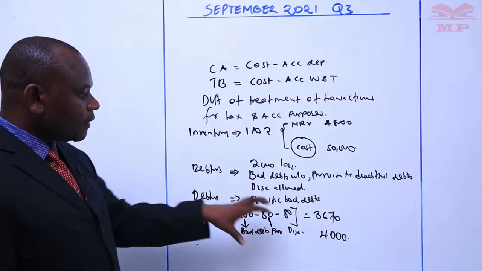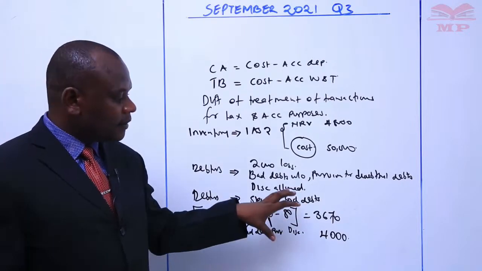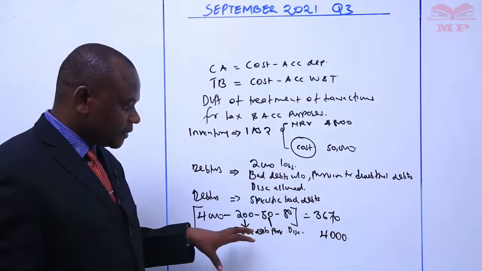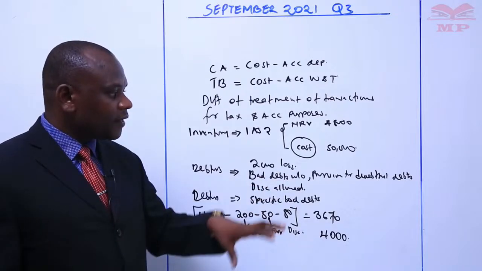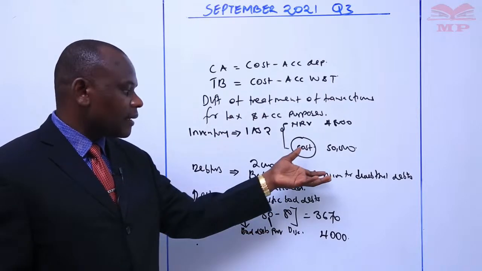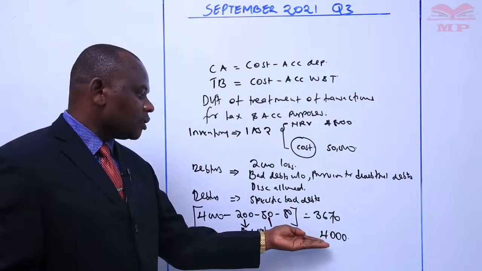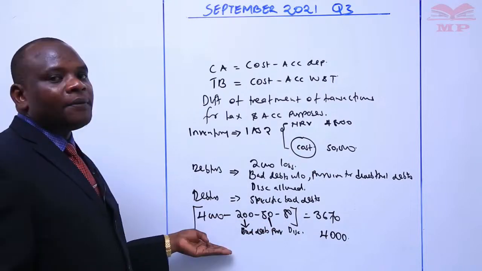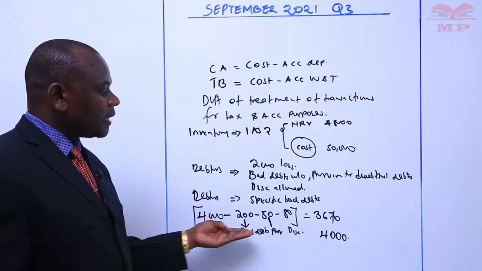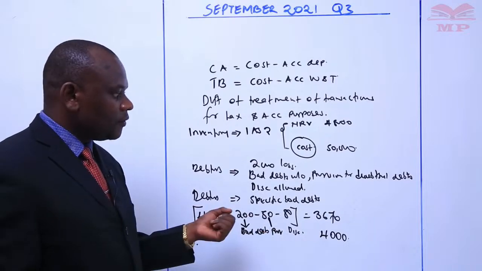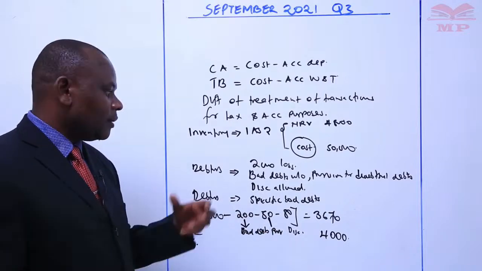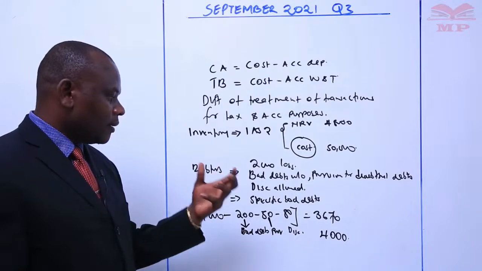This is going to result in a timing difference or temporary difference that will reverse in the future, resulting in a deductible temporary difference or taxable temporary difference, which could lead to deferred tax liability or deferred tax asset.